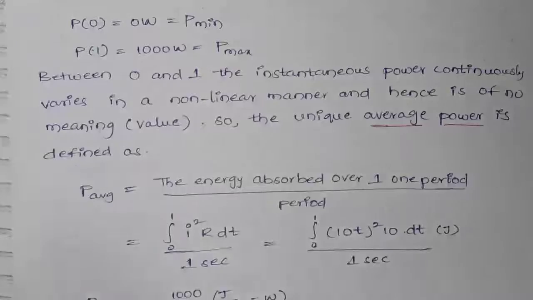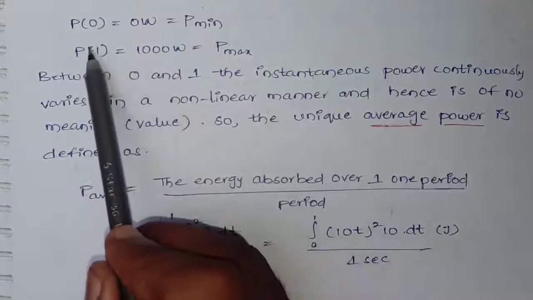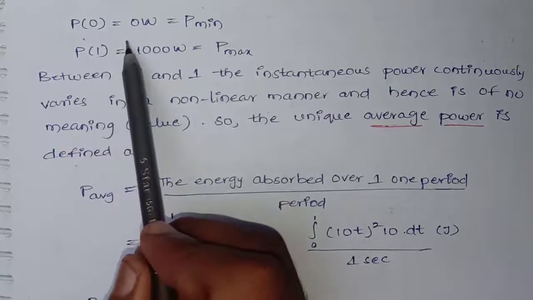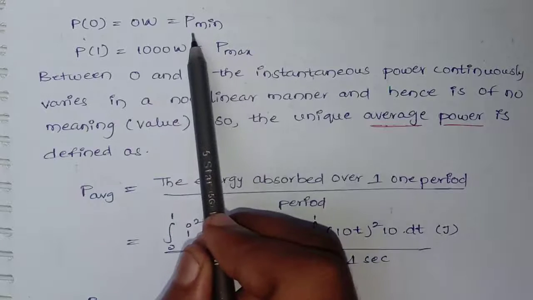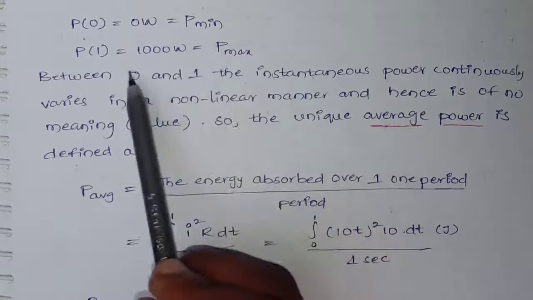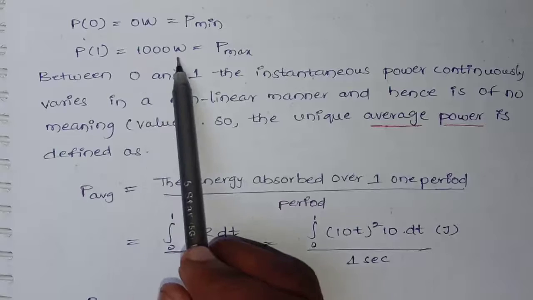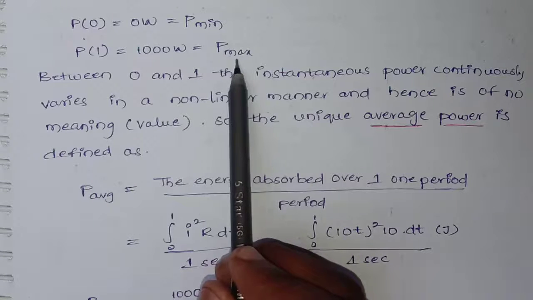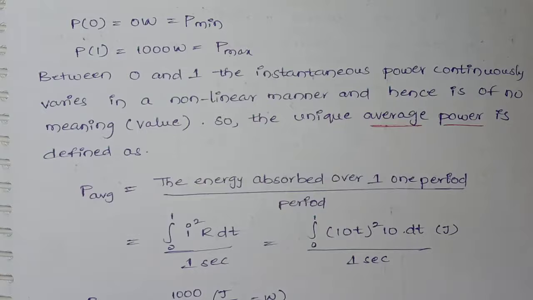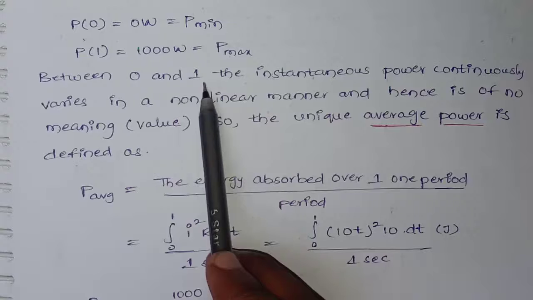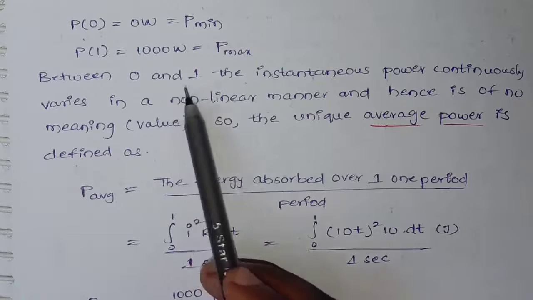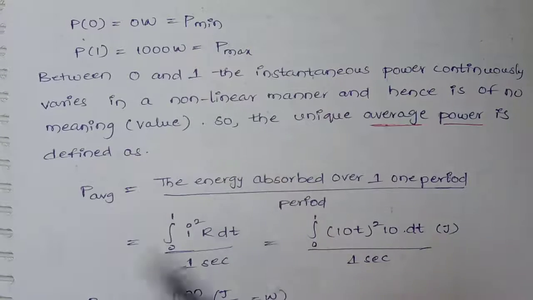So 0 watts is the minimum instantaneous power, and 1000 watts is the maximum instantaneous power. During this 0 to 1 time period, the instantaneous power is continuously varying.